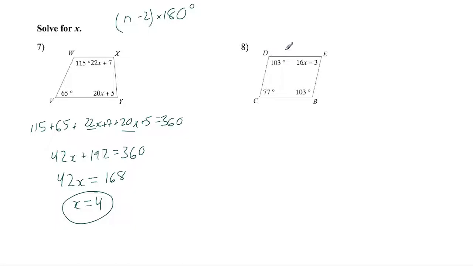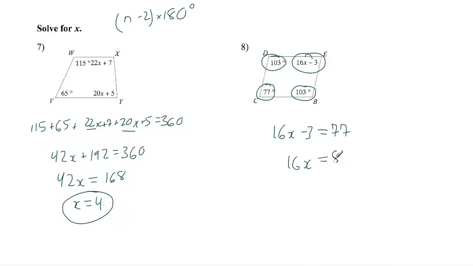Number 8 looks like a parallelogram, but again, I actually can't make that assumption, although actually I can here, because with this, I can see that opposite angles are congruent, which means that 77 must equal 16x minus 3. So 16x minus 3 is equal to 77. So we get that 16x is equal to 80.